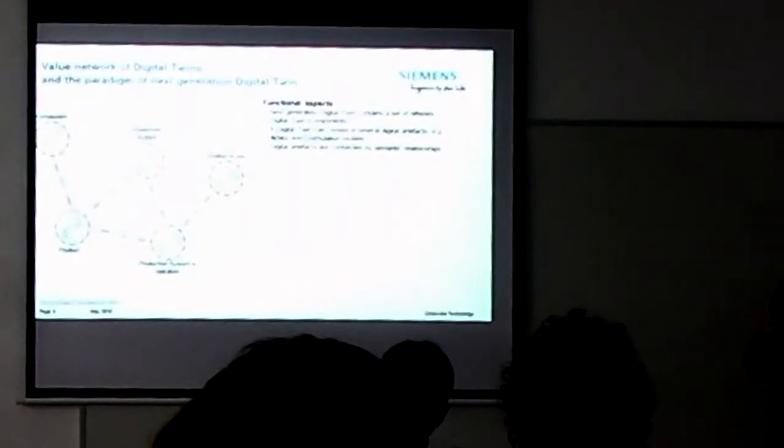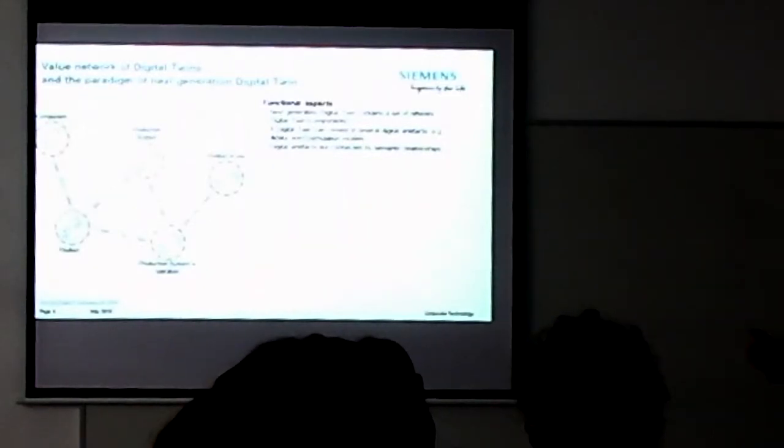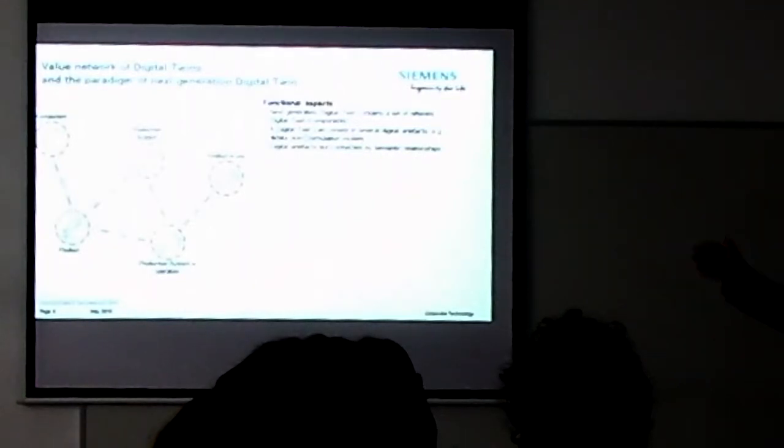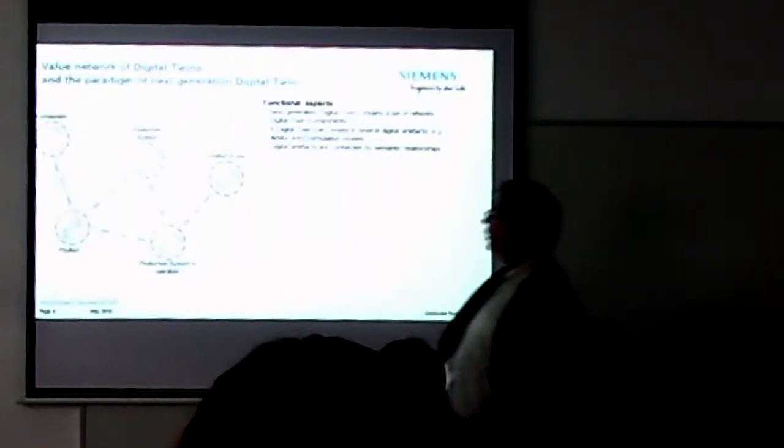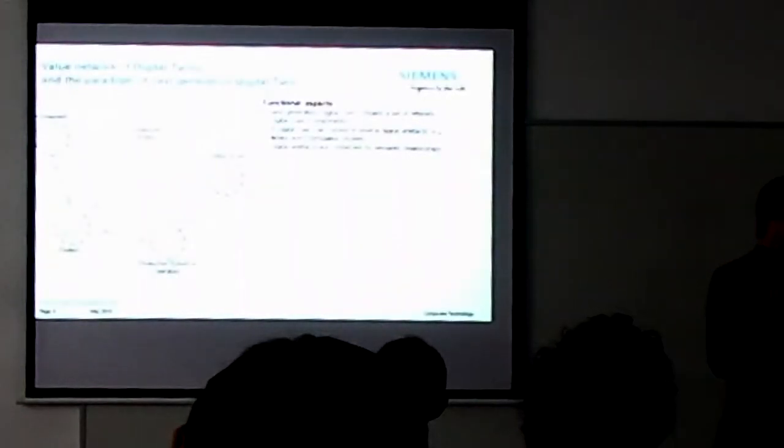So in general that's available, and you just have to really live it, and then you can exchange parts from the component to the product to the production system, in the design but also in the production system operation.